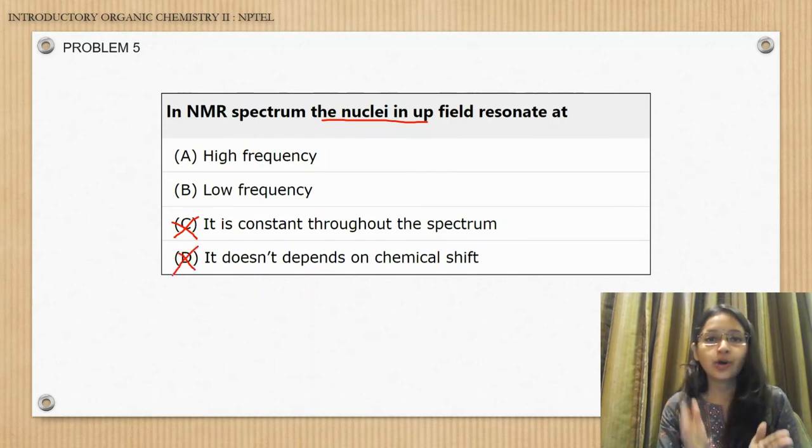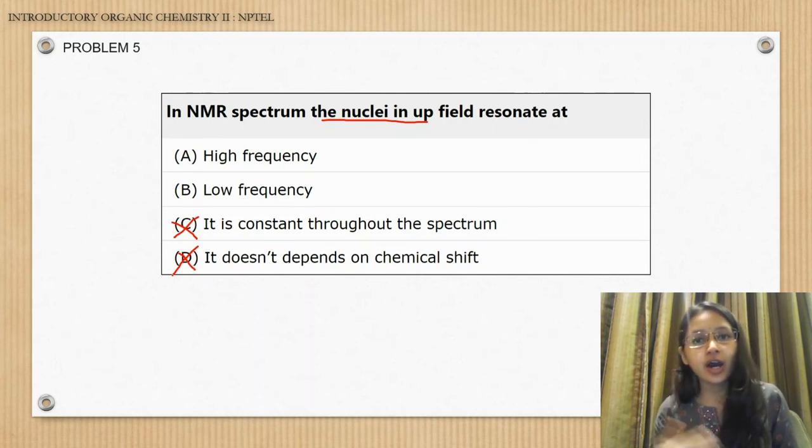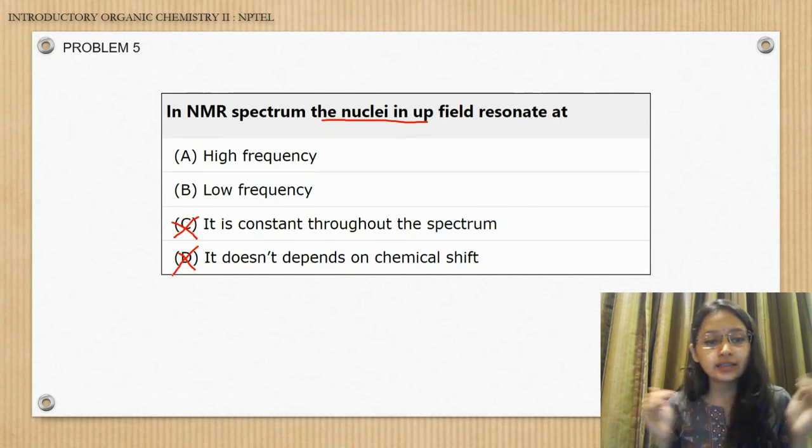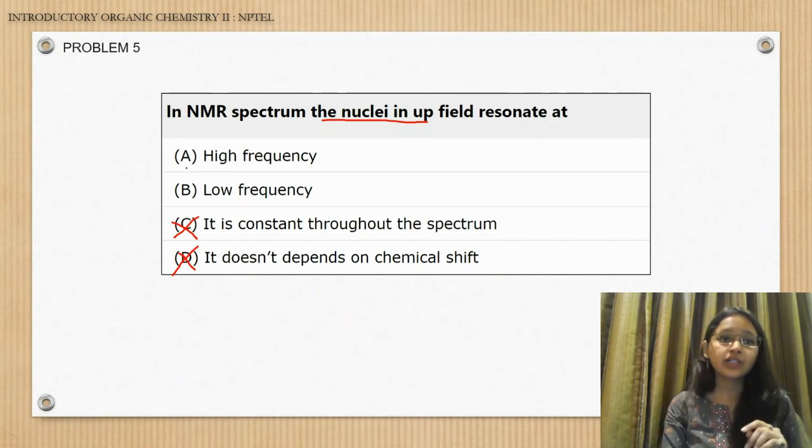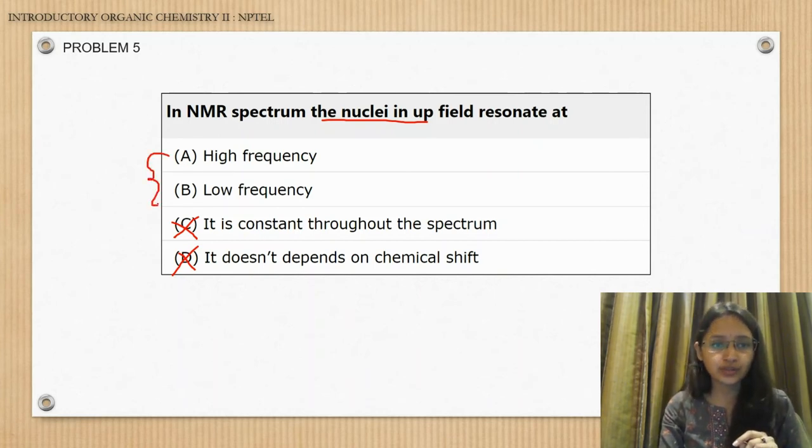If a nuclei is resonating upfield or downfield, that actually changes the chemical shift value of the nuclei. So we can't say that it doesn't depend on the chemical shift. Amongst the remaining two options, we have to figure out which is the correct one.